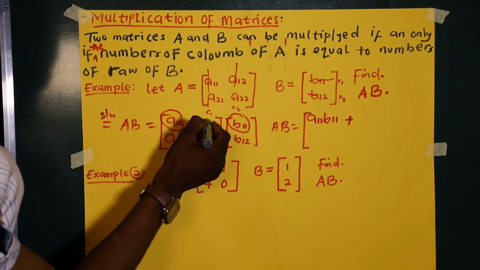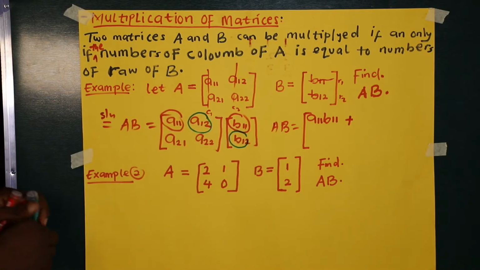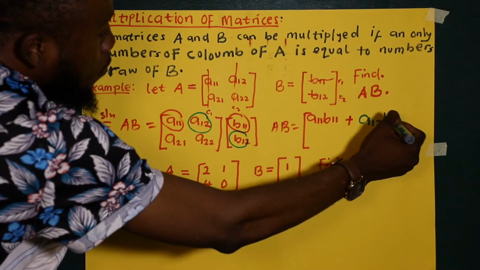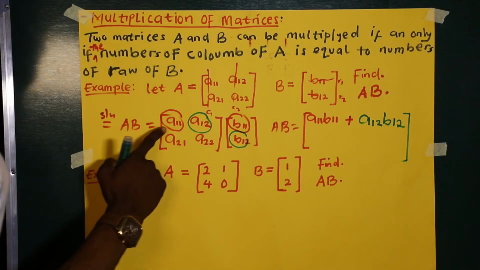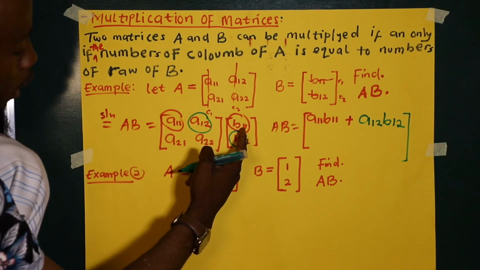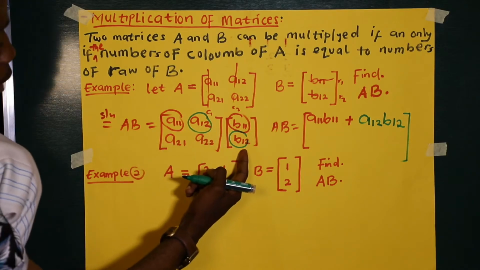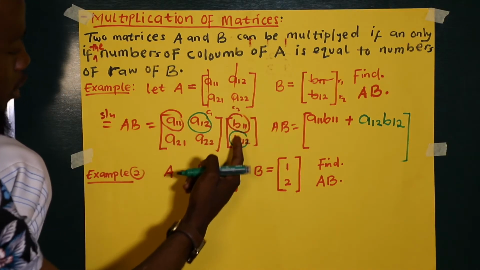Let me change column. A12, B12. Then you close the matrix. When you carry A11, you multiply it with B11. Then you carry A12 and multiply it with B11. You finish this row and this column.